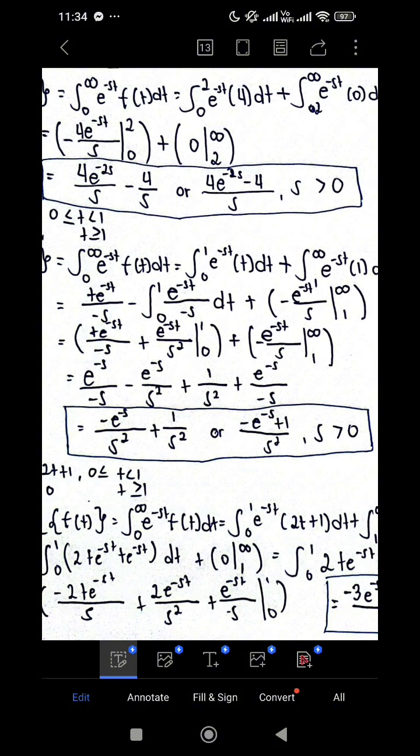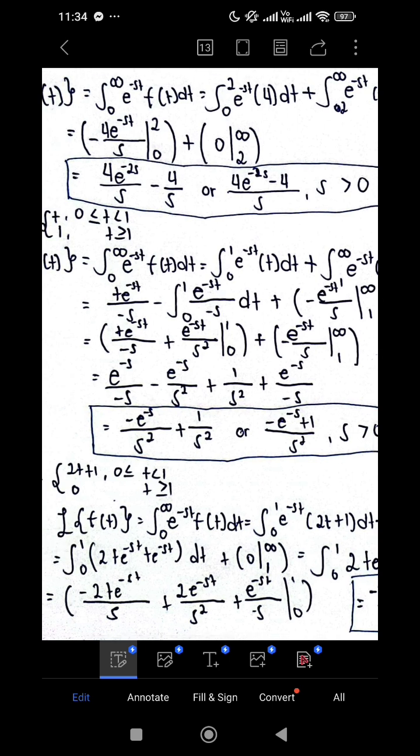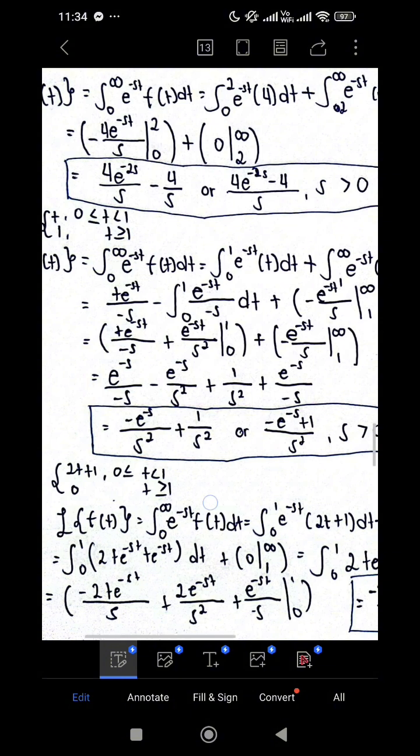So t is equal to negative st, and e is equal to e raised to negative st over s squared with limits 0 to 1, plus e. Then we will get e raised to negative s over negative s minus e raised to negative s over s squared plus 1 over s squared plus e raised to negative s over negative s.